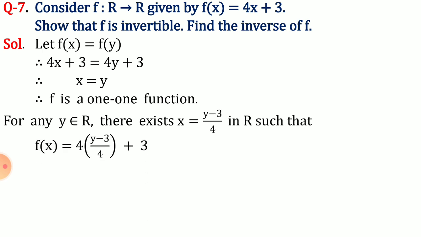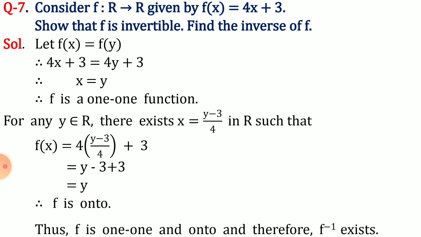So f of x is equal to 4 into y minus 3 upon 4, plus 3. Here the 4 cancels out, so it is equal to y minus 3 plus 3. Minus 3 plus 3 cancels out, so it is equal to y. Here y belongs to R, so f is an onto function.